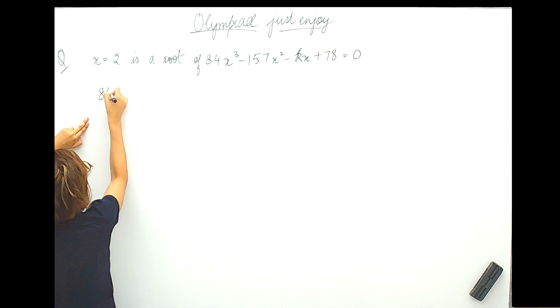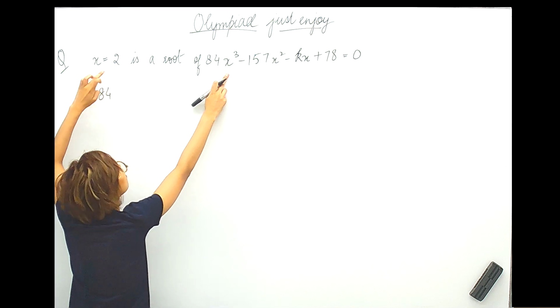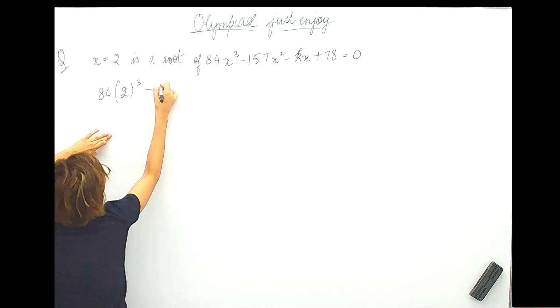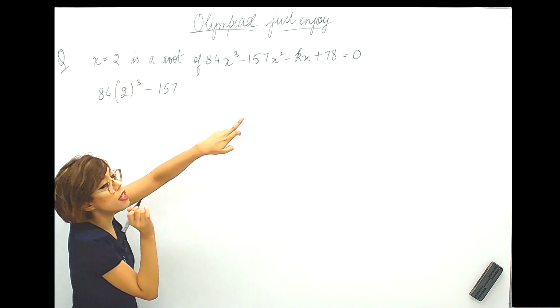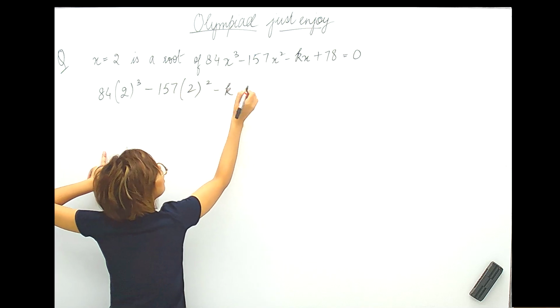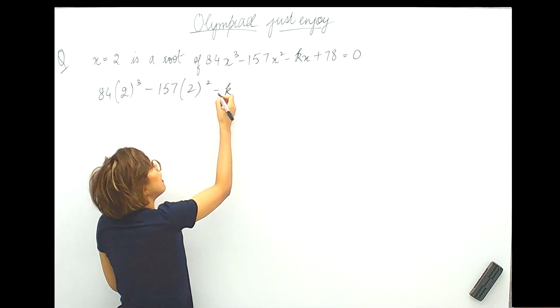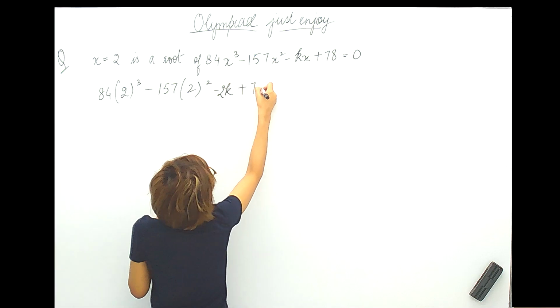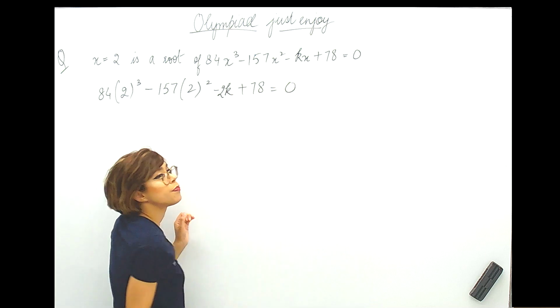So this is 84 into x cube. x is 2 now, so into 2 cube. Minus 157 into x square, so that is 2 square. Minus k into 2, so minus 2k, plus 78 equal to 0.